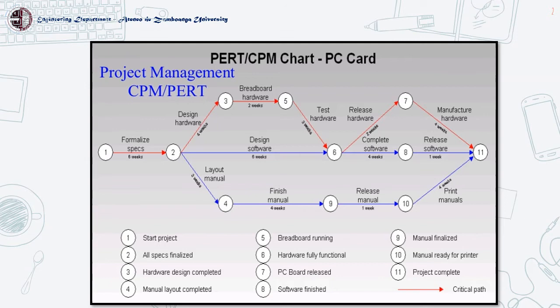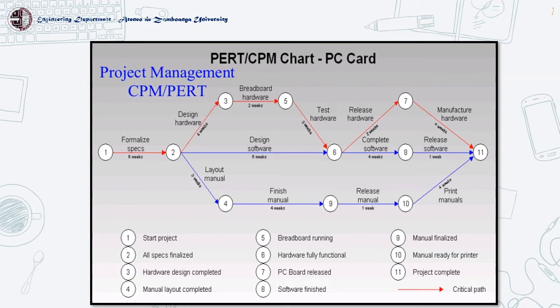The arrows between circles are the path that you take. That means the dependency of each task. That means number 3 and number 4 are all dependent on number 2. If number 2 is not done, then number 3 and number 4 cannot proceed, as well as number 6.